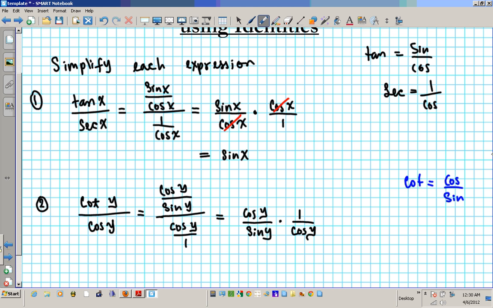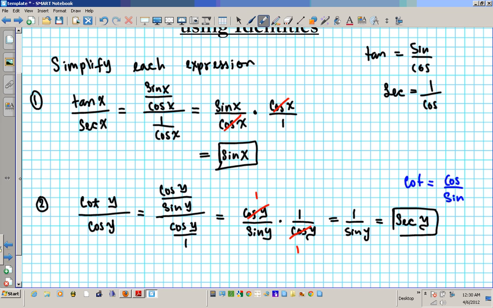Now the cosines cancel out, and you have 1 over sine y. The reciprocal of sine is cosecant. So your final answer is cosecant y. Alright? So there you have it.